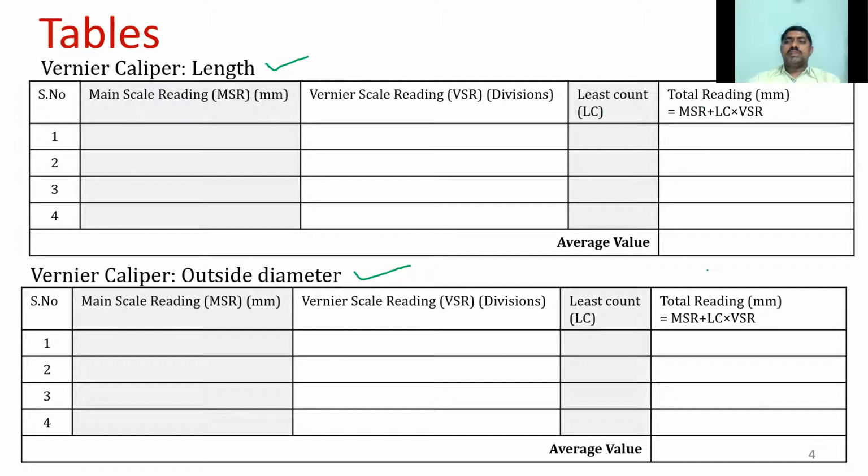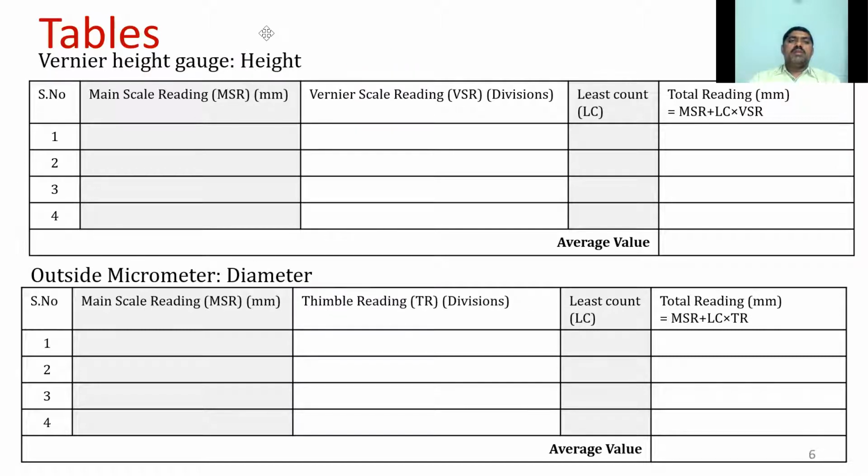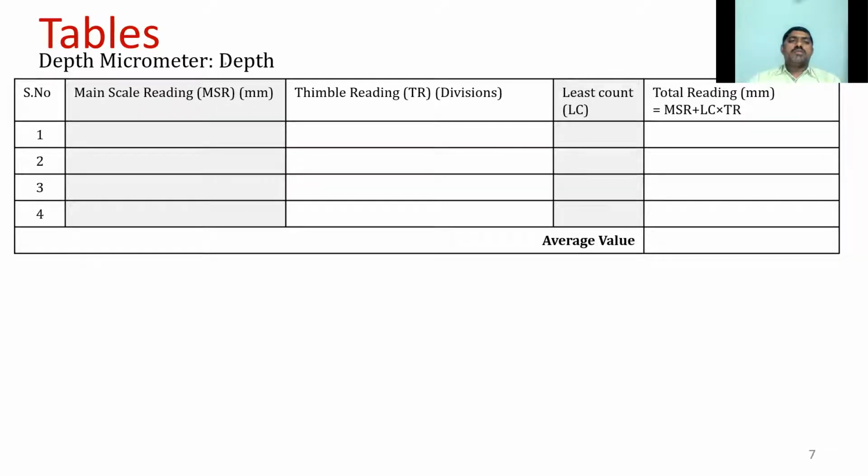Then the total reading is the main scale reading plus the least count times the vernier scale reading. We also use the vernier caliper for measuring the inside diameter and the depth of the ring gauge, and the vernier height gauge is used for measuring the height of the ring gauge. We use the micrometer for measuring the outside diameter, and the depth micrometer for measuring the depth of the ring gauge.